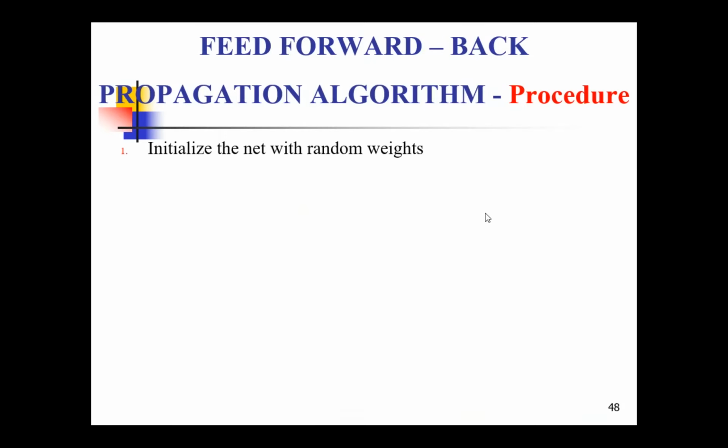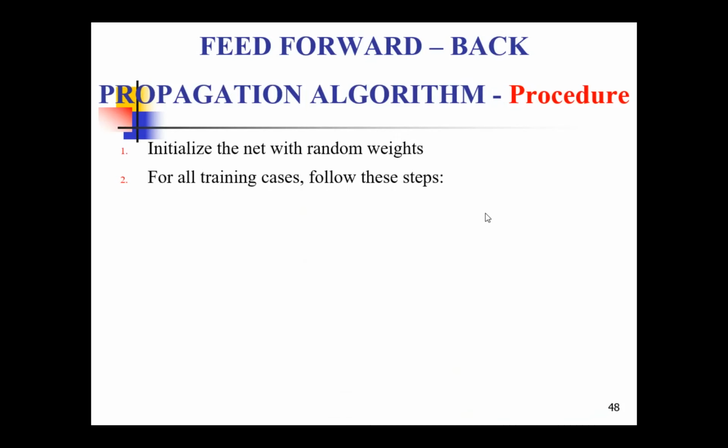So what is the procedure in performing this back propagation algorithm? Initialize the network with random weights. Initially I do not know what weights to provide, so the system itself will provide the weights. In the subsequent steps, first of all I have to train the model.